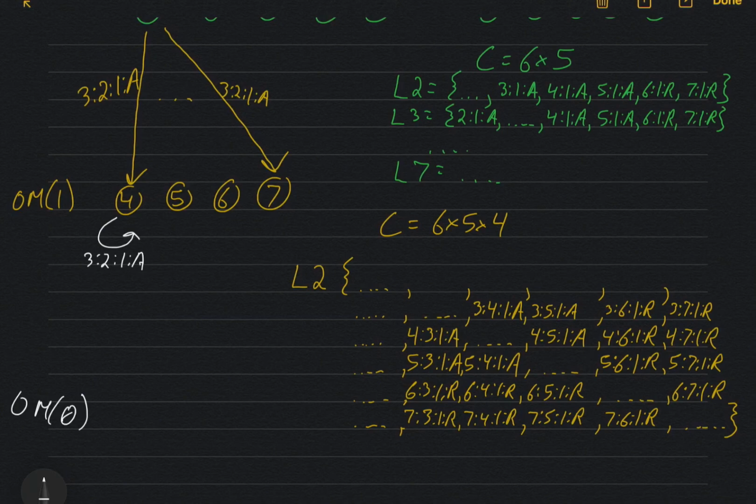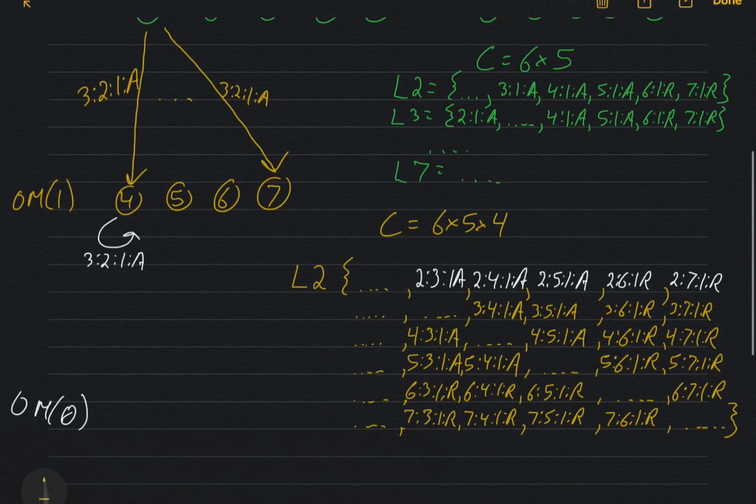So we would have 2, 3, 1A, 2, 4, 1A, 2, 5, 1A, 2, 6, 1R, 2, 7, 1R. And there's no communication in the OM0 algorithm, it just uses the value that it was told.